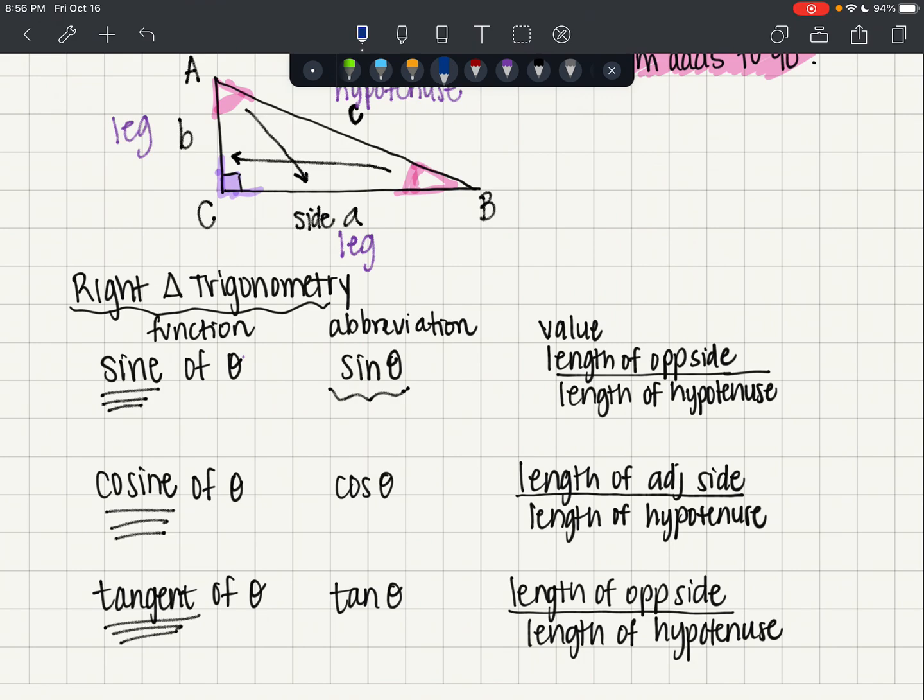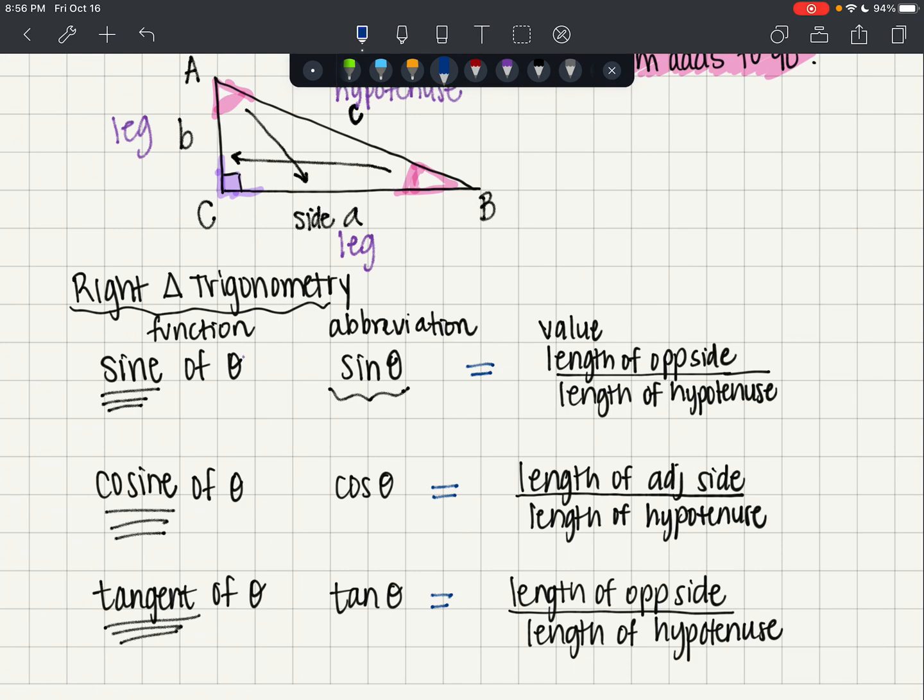And these functions are equal to a ratio of two side lengths. So the sine of theta is equal to the ratio of the opposite side length over the length of the hypotenuse. And the cosine of theta is equal to the length of the adjacent side over the length of the hypotenuse. And the tangent of theta is equal to the length of the opposite side over the length of the adjacent side.